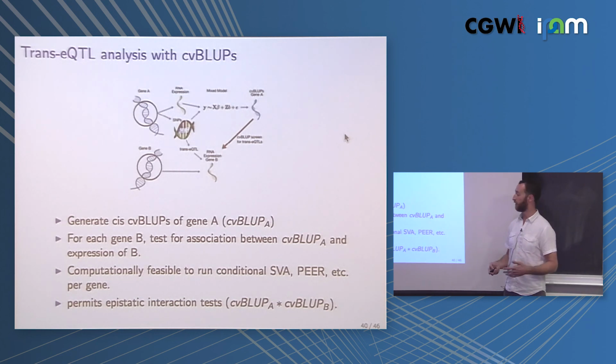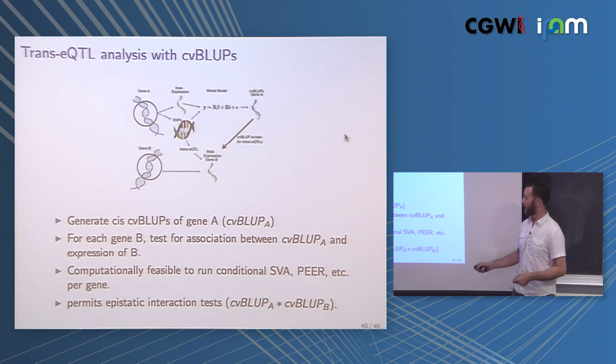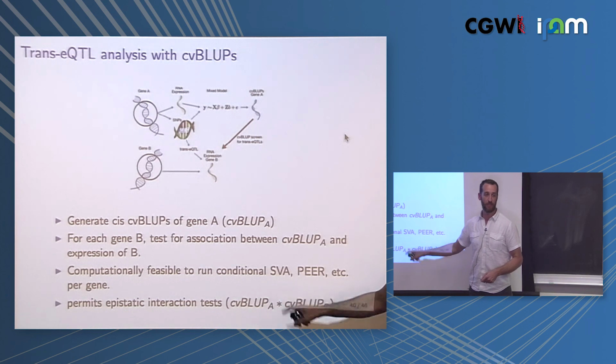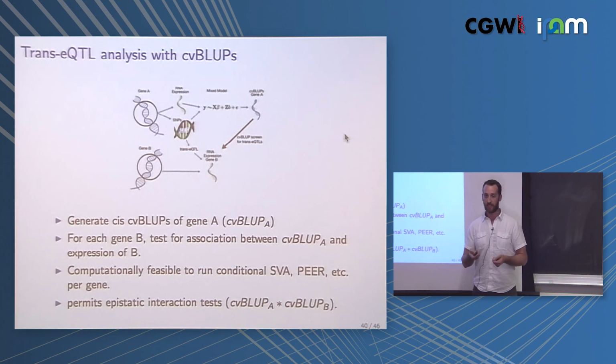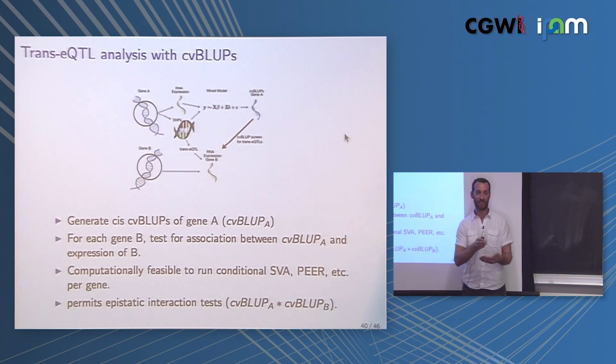And so if you do this, you can find many more trans effects than you would otherwise, also much faster. And the other advantage is that these programs, SVA and PEER, are meant to be run conditionally on the variables that you're testing. And if you just chuck them in, you can get bias and lose power. But there's no way in a trans-QTL study you can run SVA for every single SNP-phenotype pair.